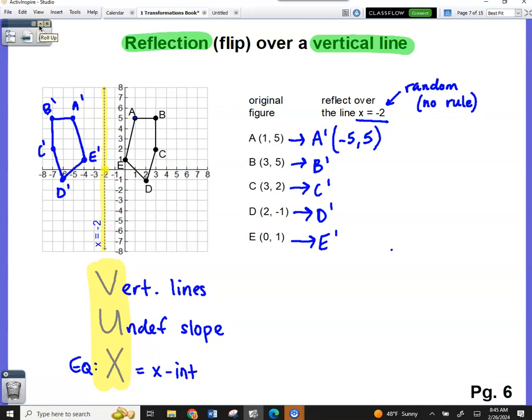Label those points. B prime, did you get -7.5?